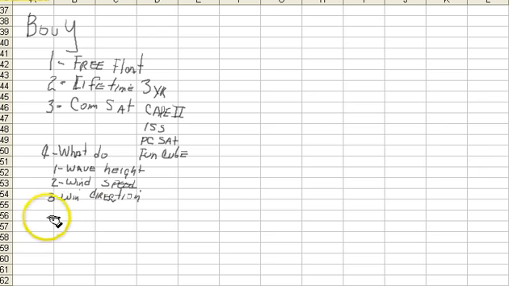We want it to do its location. We want it to do the temperatures, both the air and the water. And we want it to do the salinity.